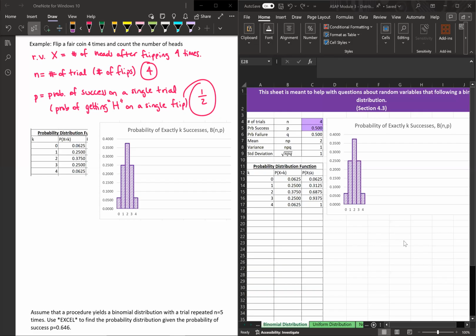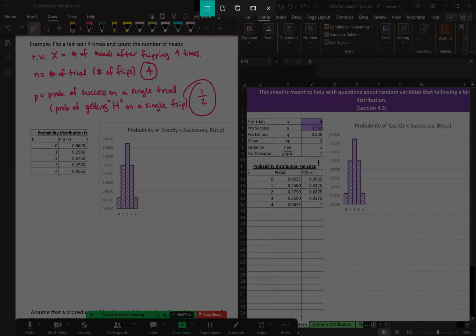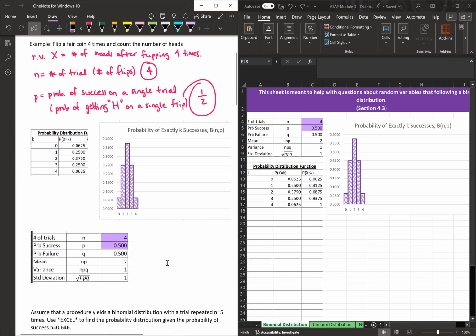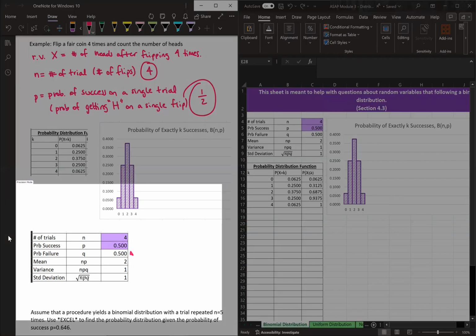I think the first thing to know is that it's going to give you also the probability of failure, which we said was the opposite or the complement of the probability of success. So notice that you get the probability of failure. That's right here. You also get the mean. This is the same as the expected value.